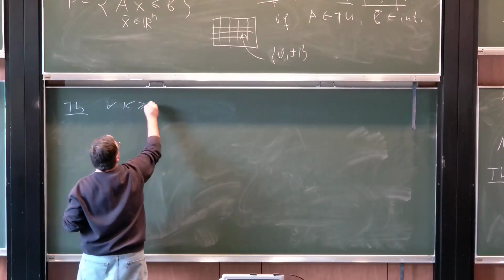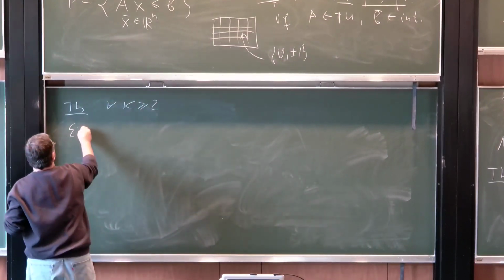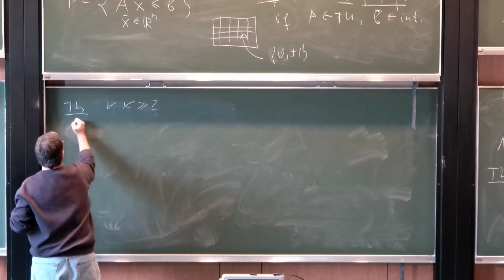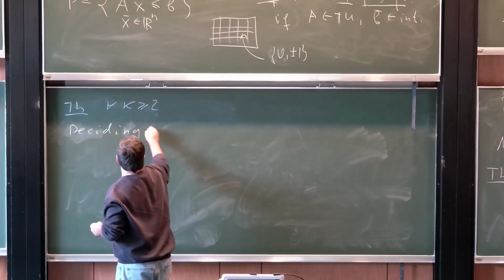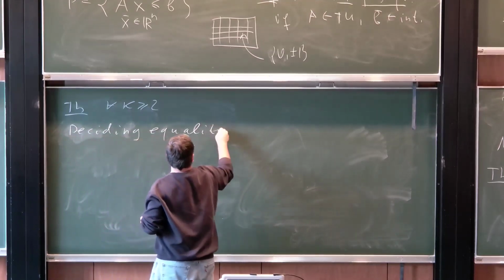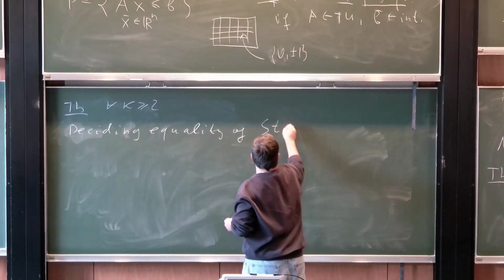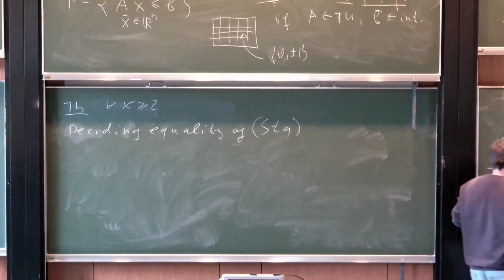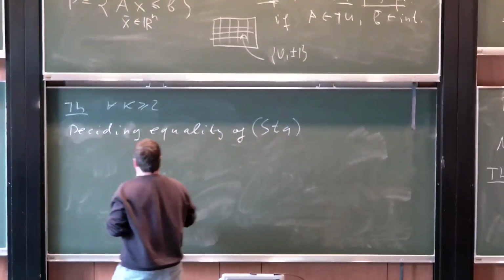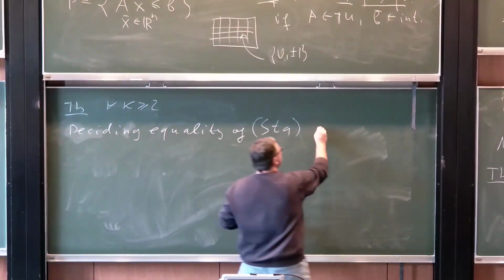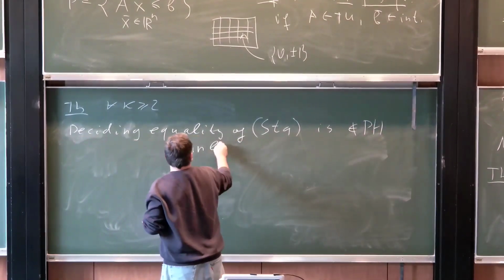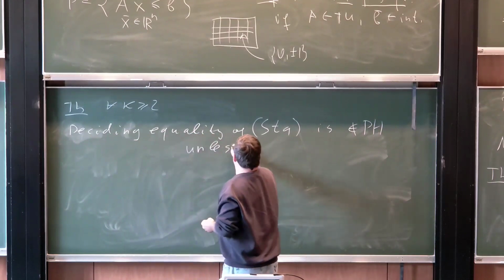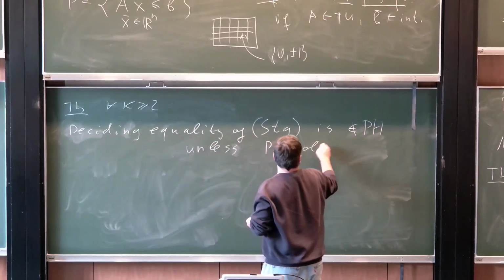For all k greater than or equal to 2, deciding equality of the Stanley inequality is not in PH unless PH collapses.